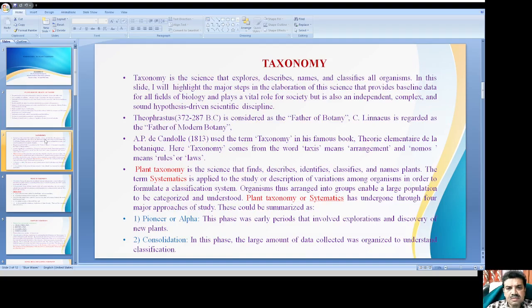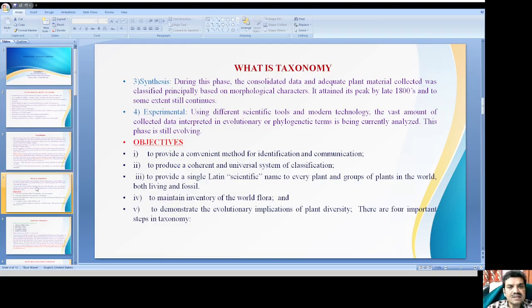So, plant taxonomy can be summarized under four subheadings as far as the different phases of taxonomic exploration are concerned. The first one is the pioneer or alpha phase, where exploration and discovery of new plants were taken into account. The second phase is called the consolidation phase. Here the large amount of data from plant exploration was organized to understand classification. The third one is synthesis.